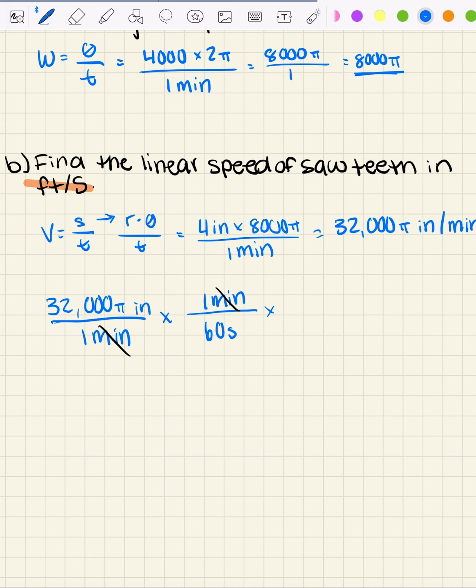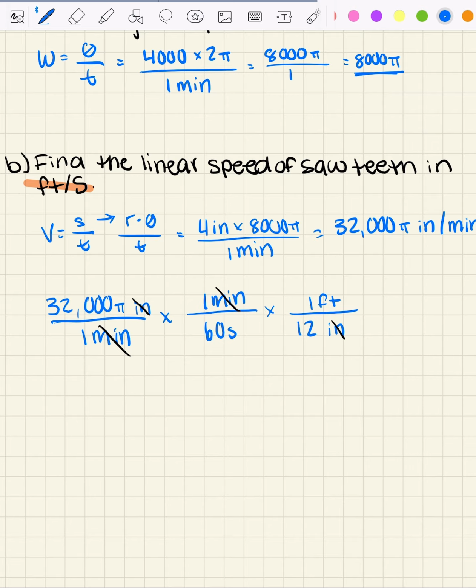And then we have inches. So since inches is on the bottom, we're going to put it in the bottom. But we're not going to put 1 inch because we want it in feet. And there's 12 inches in 1 foot. So then these cancel, and then you just multiply across.